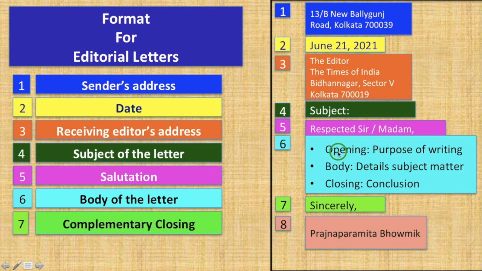The body part is divided into three parts or three paragraphs. In the body of an editorial writing, you have to mention three paragraphs clearly. That is the opening paragraph, which states the purpose of the letter, why you are writing it. Then in the second paragraph you have to mention the detailed subject matter, and in the third paragraph you have to mention the conclusion.